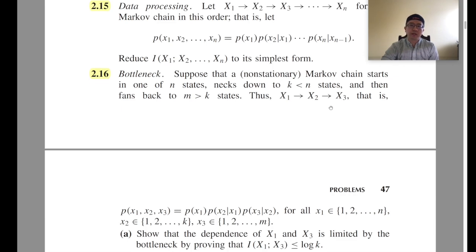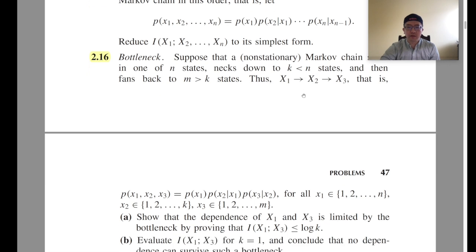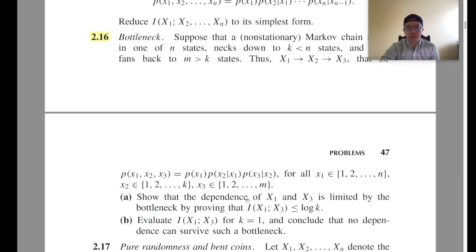Basically, it asks us to show that the middle state, which has fewer possible states, is a bottleneck. Given that, we're going to show that the mutual information between X1 and X3 will be less than log k, which is the log of the total number of states in the second random variable. Let's try to prove that.